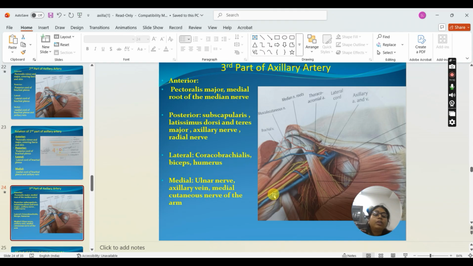The large and thicker one is the radial nerve. The axillary nerve will be running for a short distance and disappear from the axilla to enter into a space called the quadrangular space. We'll see that.